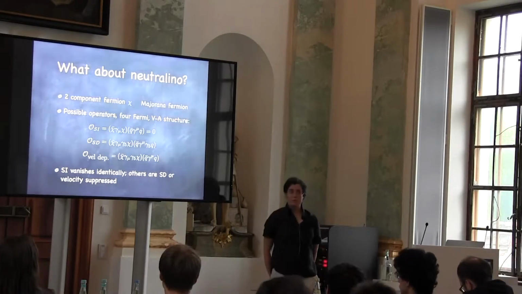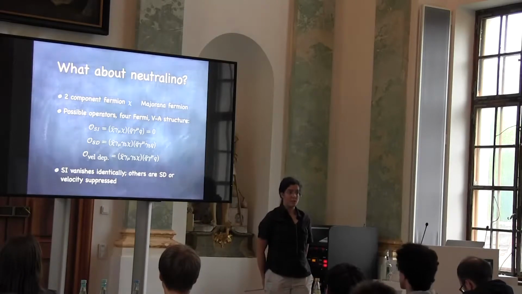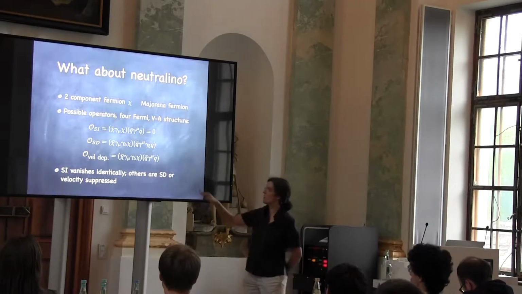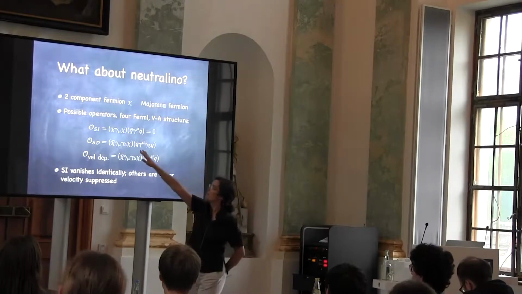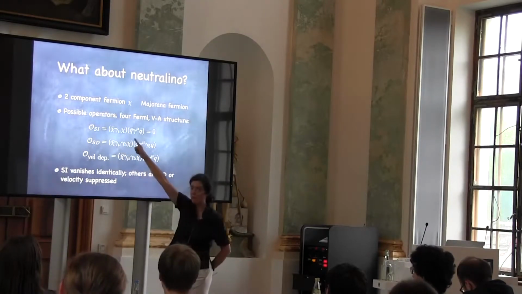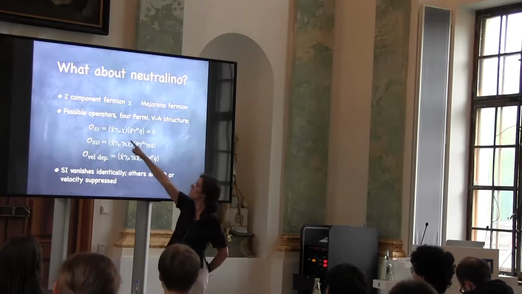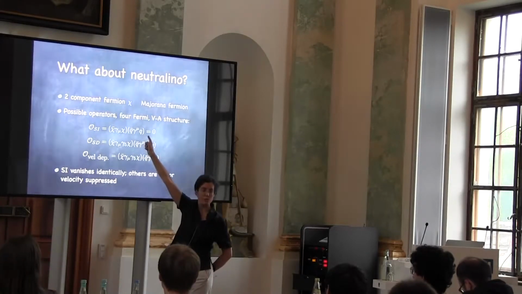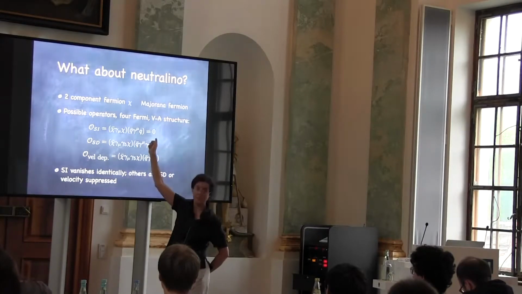So first of all, the Majorana neutralino is a two-component fermion, and you can check, this is another nice exercise to do, that the spin-independent interaction of the neutralino, which is this operator, chi bar gamma mu chi, q bar gamma mu q, you can just check by Fierzing it that this is identically 0.